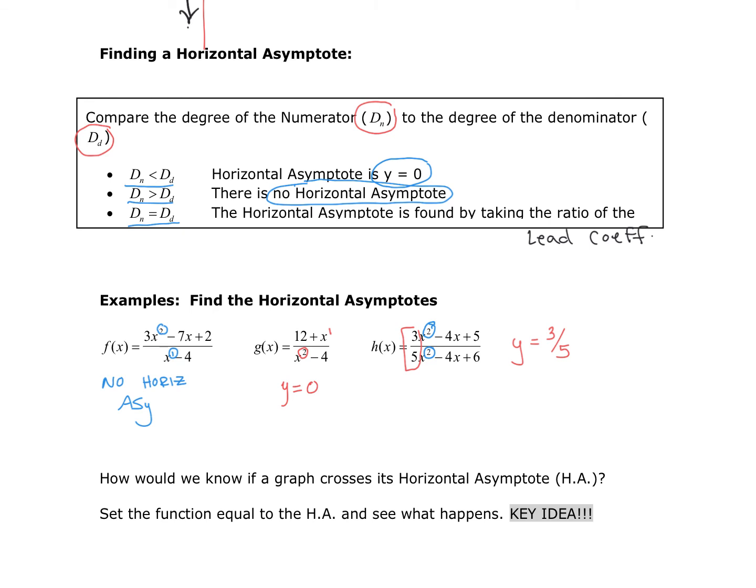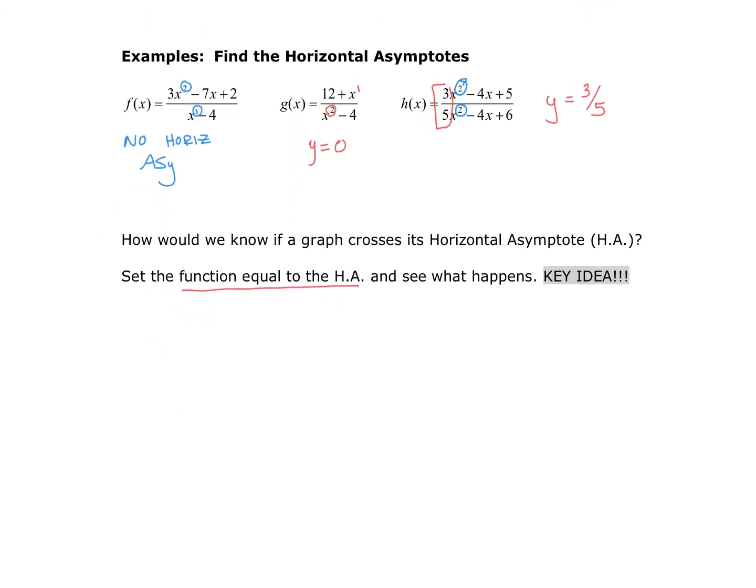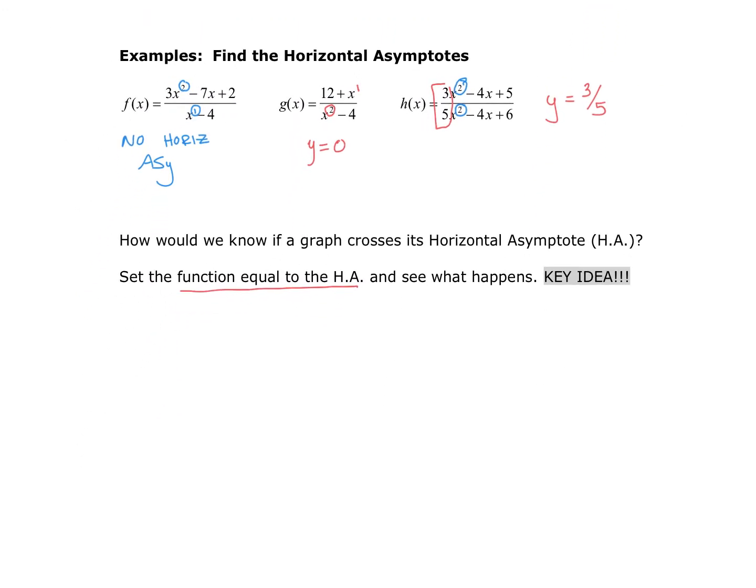So how do we know if a graph is going to cross the horizontal asymptote? In that case, we set the function equal to the horizontal asymptote and see what happens. So let's take a look at this second one here, g, and say, well, if I have a horizontal asymptote of 0, does my function ever equal 0? So I'll set it equal to 0.